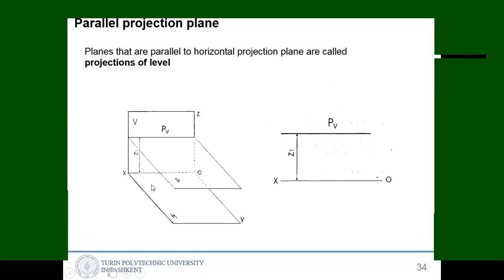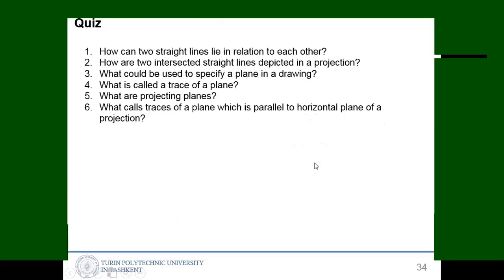If the plane is parallel to the H plane, we call it a plane of level. Like the floor level, first floor, second floor, horizontal, parallel to the horizontal plane.